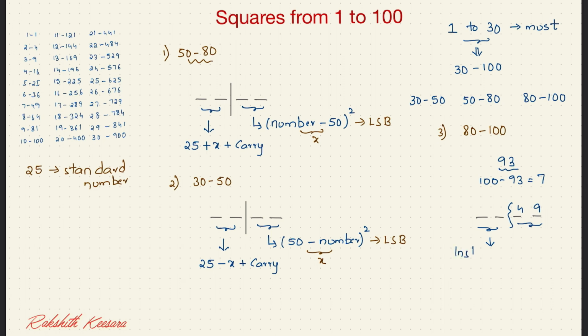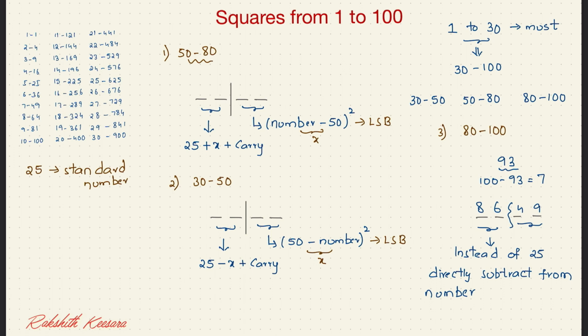So instead of 25, directly subtract from number. So this is the catch. 93 minus 7 is 86. 8649.